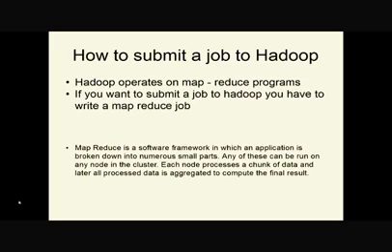Let's just take a quick look at the MapReduce programming model. Map phase. In the map phase, the individual chunks of data are processed and certain intermediate results are churned out.